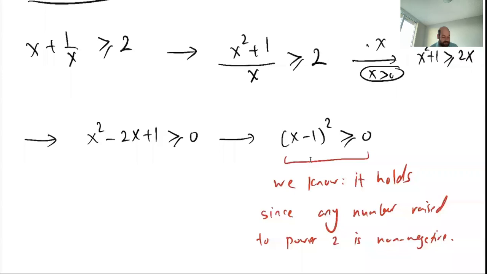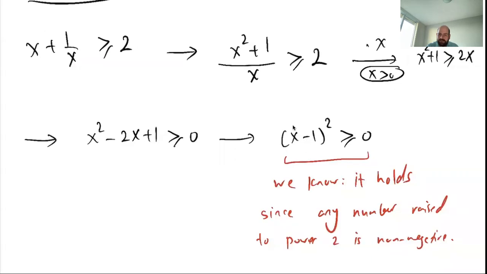But I didn't want to show that (x minus 1) squared is bigger than or equal to 0. I wanted to show x plus 1 over x bigger than or equal to 2. I already know that x minus 1 squared is bigger than or equal to 0, right? So now I have to reverse the steps, because I am allowed to start with what I know is true, which is x minus 1 squared being non-negative.